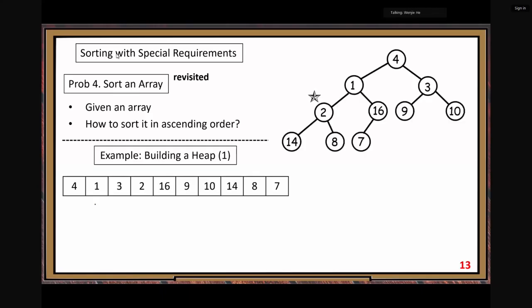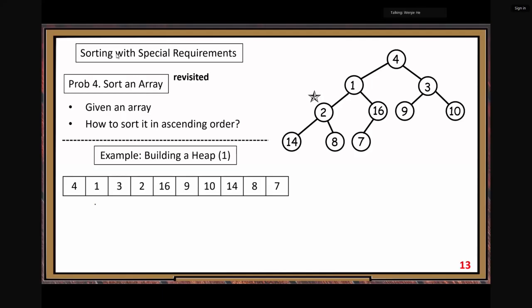First, let us arrange it into a heap structure. So this is a heap structure without the max heap property. Now we want to build the max heap property into this heap structure.